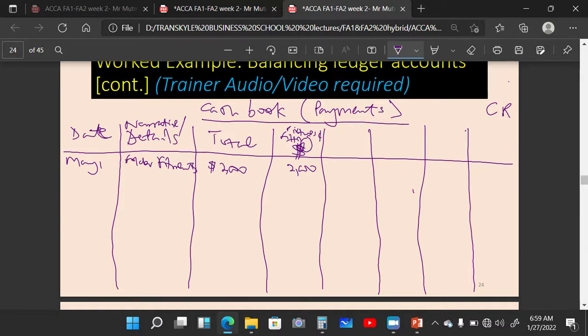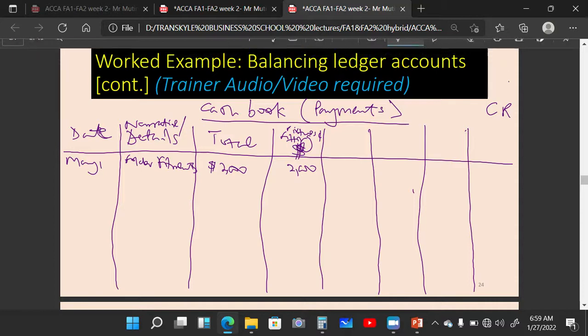We're not going to have a corresponding debit entry in the cash book just for the sake of having the credit and the debit side balancing. The debit entries you are going to see are not necessarily linked to this.